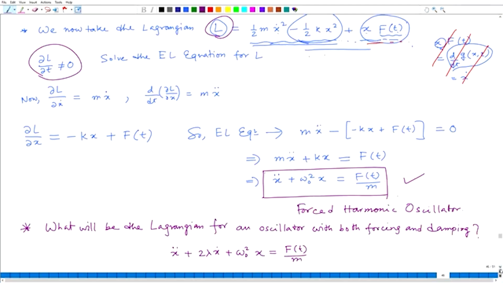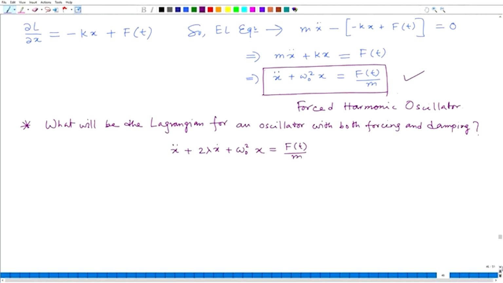I am going to another very interesting point considering the Lagrangian of the oscillator. Okay. Let me now take a Lagrangian which is, always 1D oscillator, half m x dot square minus half k x square. Now, I will have something extra, plus beta times x dot. Okay.